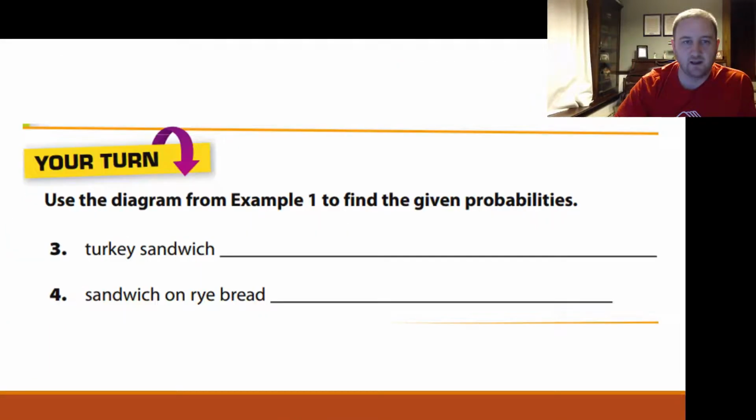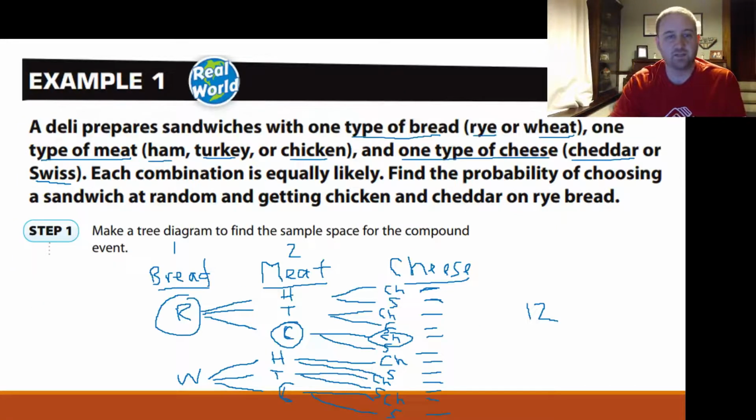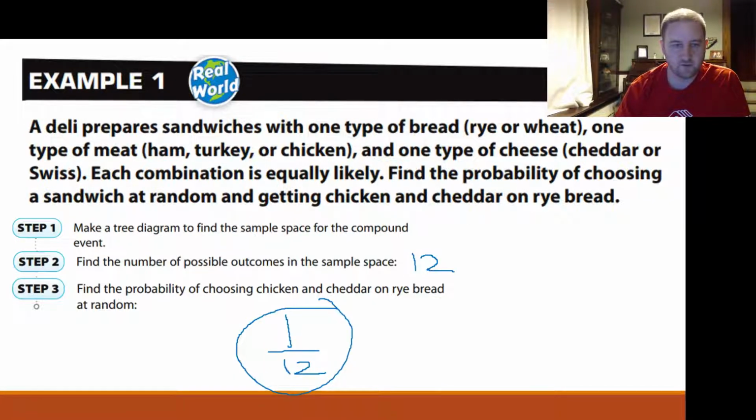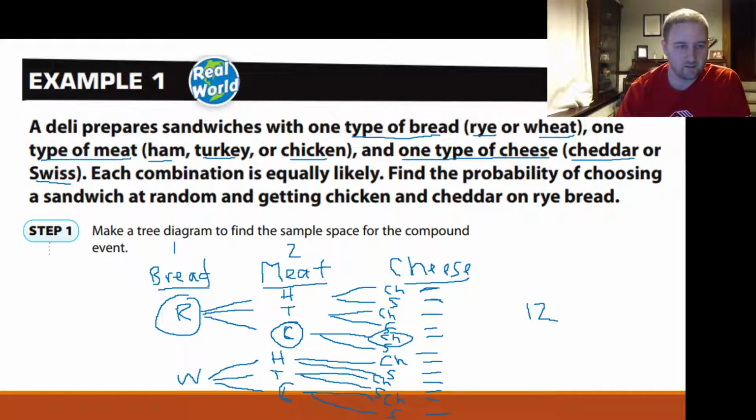Okay, and then this last slide says use the tree diagram from example 1 to find the given probabilities. Let's say we just want to know the probability of getting a turkey sandwich. Well, let's come back up here. We want to find all the possible outcomes that have turkey in them, right? Here's turkey, and here's turkey right here.